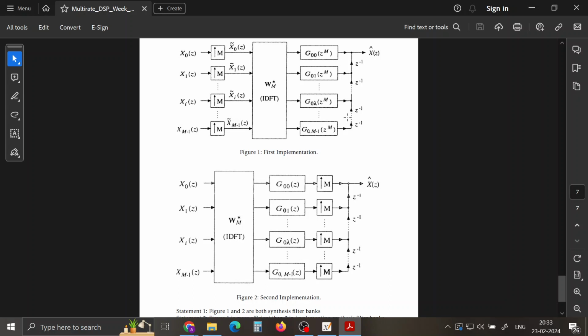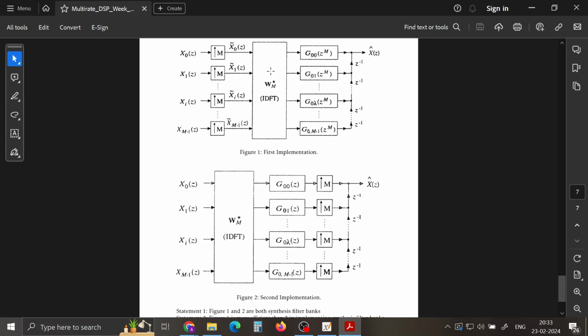You see, at the input side you are doing some processing before the IDFT for the parallel branches, and then at the output side you are basically combining them through some sequence of filters or upsamplers, and some delay operators, and finally you are adding them up to get a resultant signal which is some x hat of z, right?